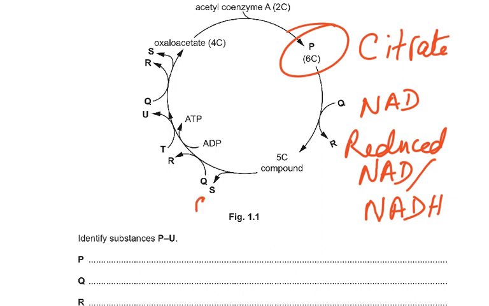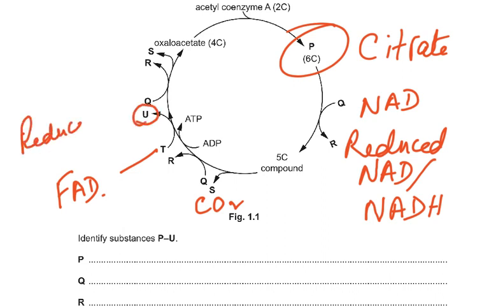S is carbon dioxide. And T is FAD. U is reduced FAD, or you could have said FADH2.